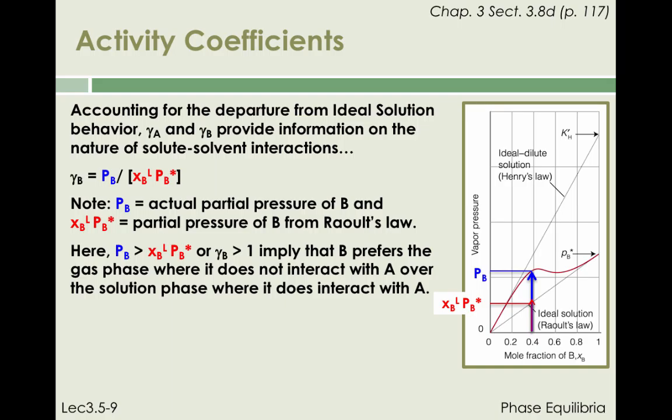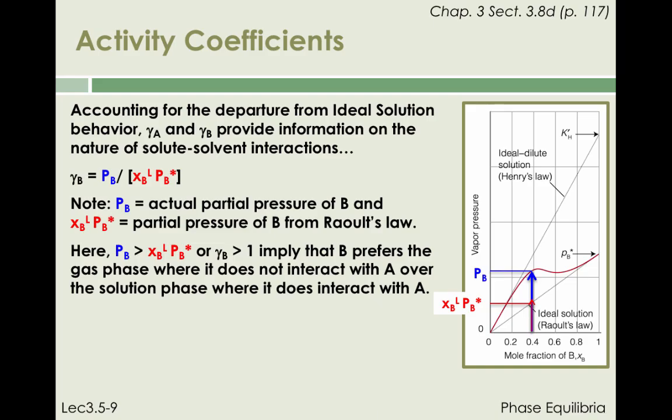The fact that P_B is greater than the ideal value, X_B^L P_B star, implies that B is present at greater concentration in the vapor phase than it would be if the solution was ideal.